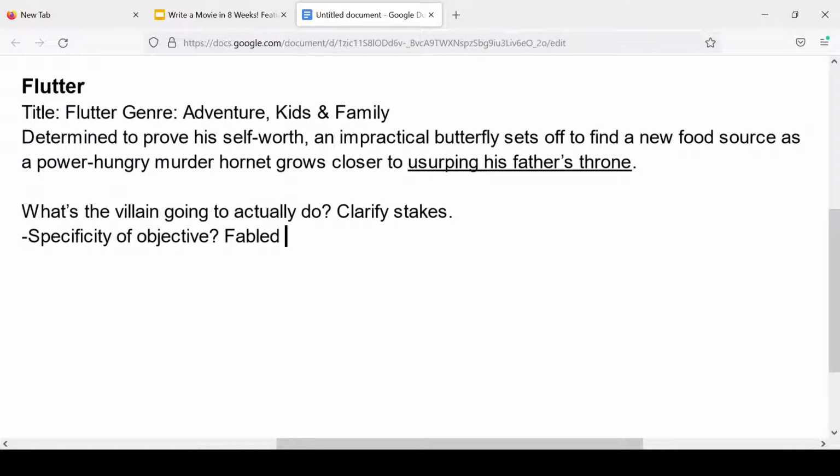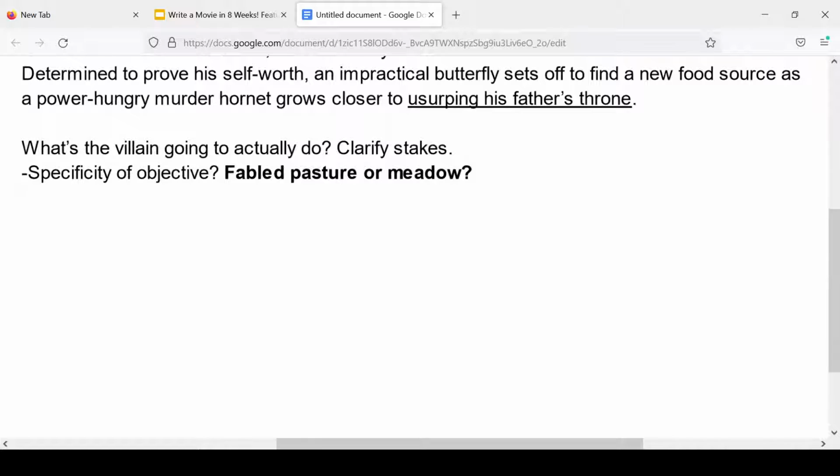So finding that and utilizing that. Or meadow. That sounds cool.